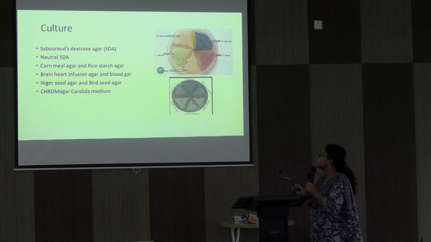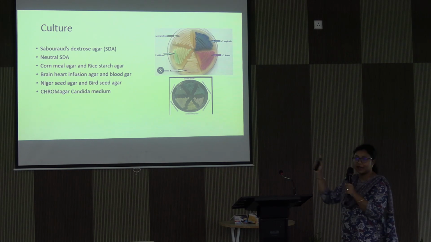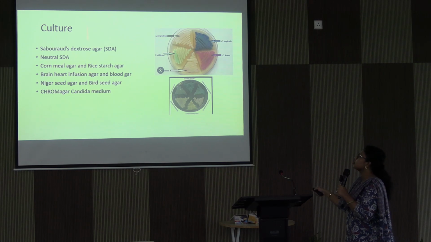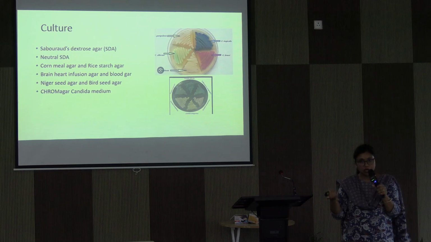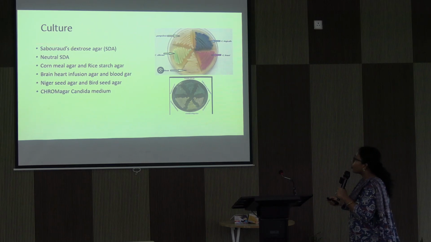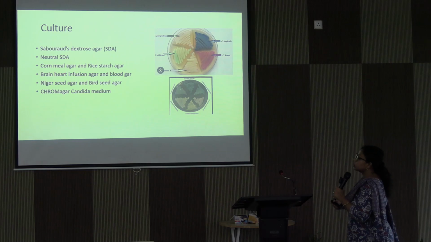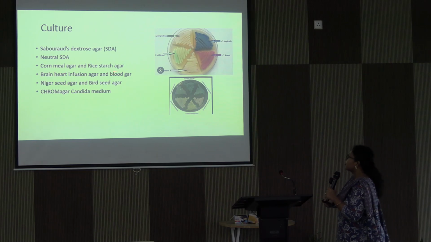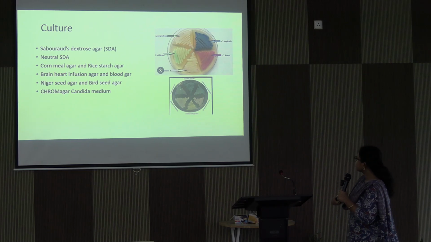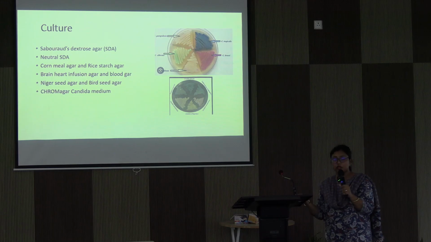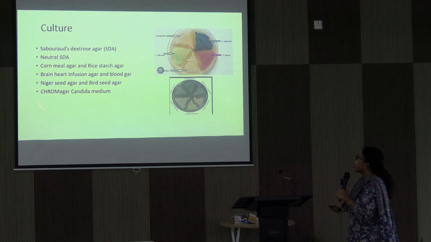Okay. Next is the culture method. So that was microscopy. After that, for culture you will have to write the culture media. The most common is Sabouraud dextrose agar, neutral SDA. Then there are corn meal agar and rice starch agar, which are nutrient deficient media.